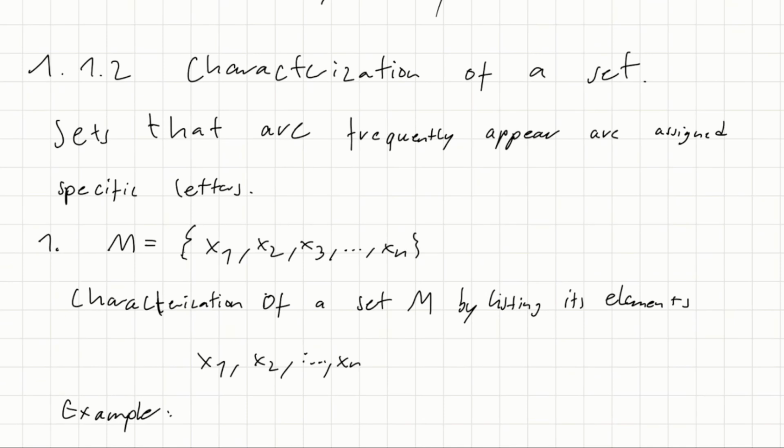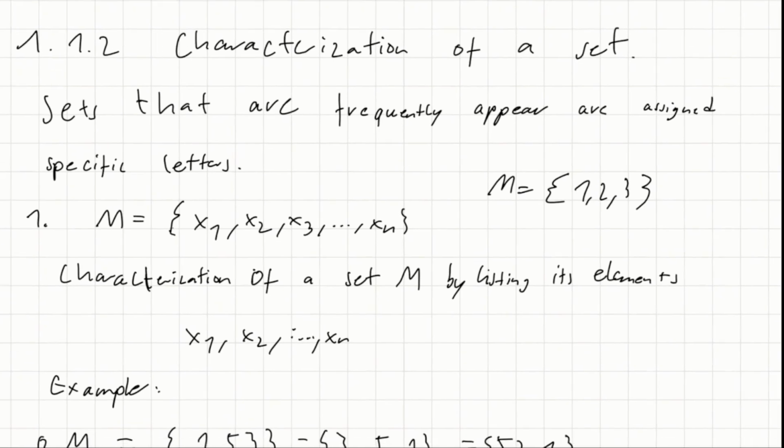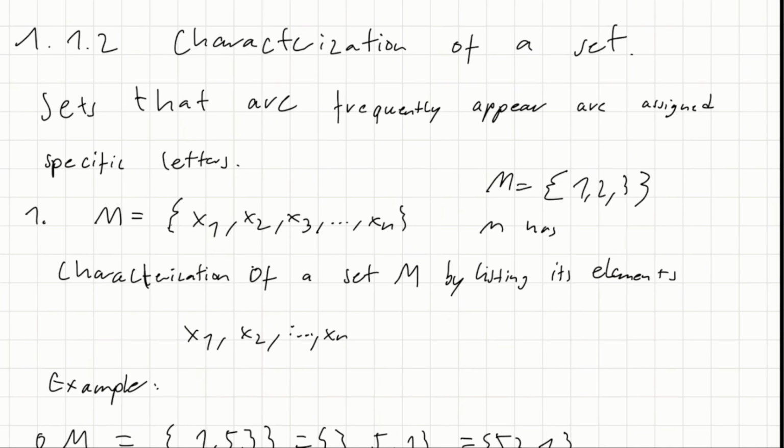This is possible. Let's say you have a set M equal to {1, 2, 3}. Then there's a clear characterization by just saying M has the elements 1, 2, 3, and that's it. You could say it has only the elements 1, 2, 3.